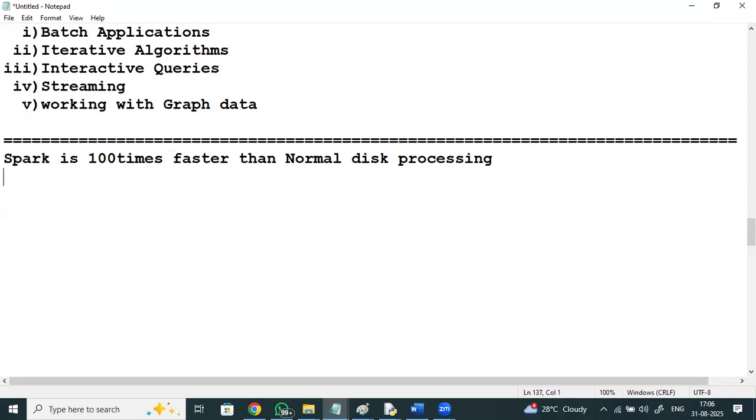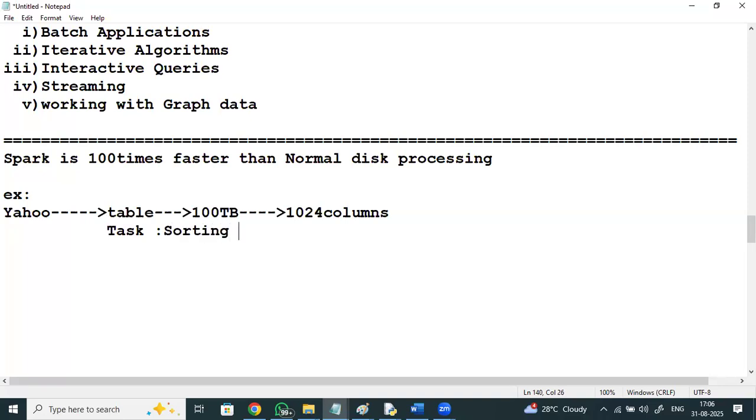As you can see, Yahoo took a table of 100 TB consisting of 1024 columns. The task was sorting, based on 16 columns.